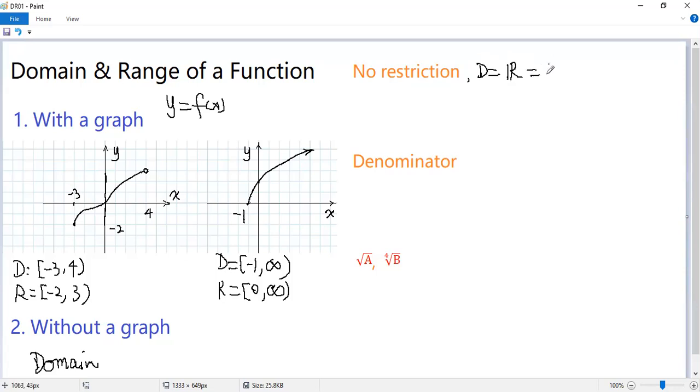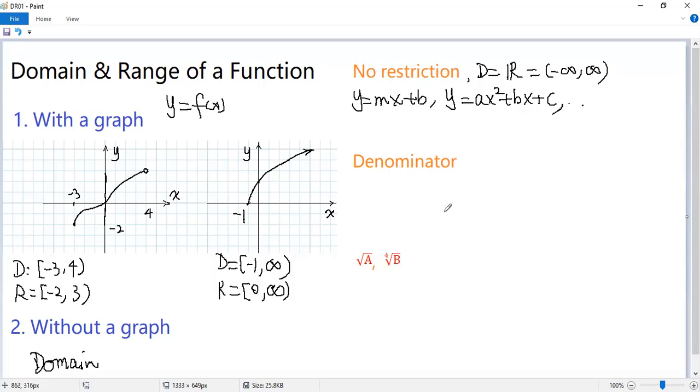We can also write it as -infinity to infinity. For example, all linear functions, y equals mx plus b, or quadratic functions, say y equals ax squared plus bx plus c. In general, all polynomial functions have the same domain, -infinity to infinity.